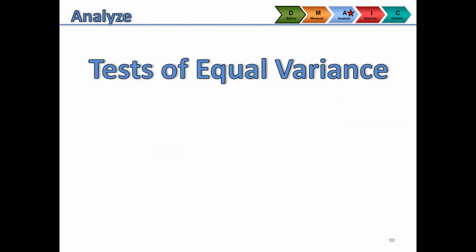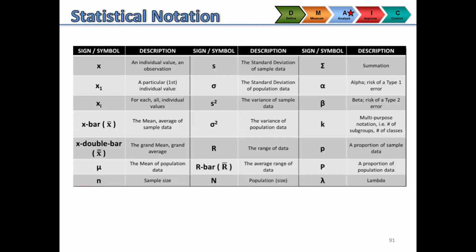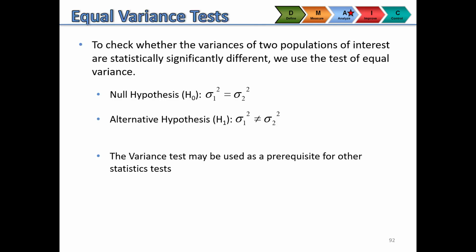So let's look at tests of equal variances. There's again the notation. Sometimes we want to check whether the variances of two populations of interest are statistically significantly different. So we use the test of equal variance, where the null hypothesis would be there's no difference between the two populations and their variances, very similar to what we did with the shifts and the stress levels.